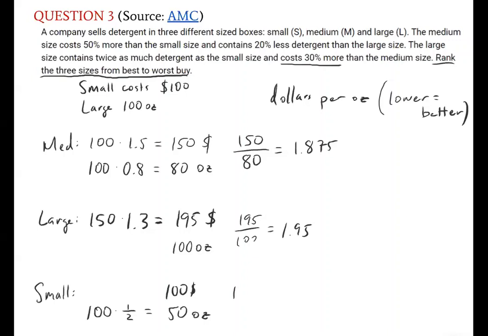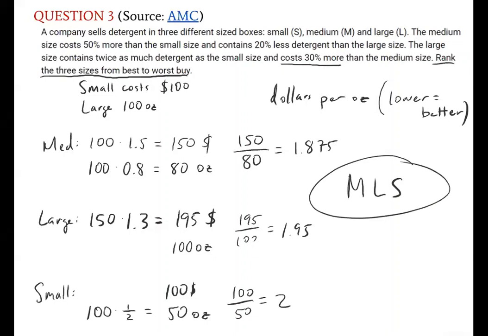And 100 divided by 50 is 2. So as you can see from this, the medium has the lowest dollar per ounce, and then the large has the second lowest, and then it's the small. So MLS is your ranking from best to worst.